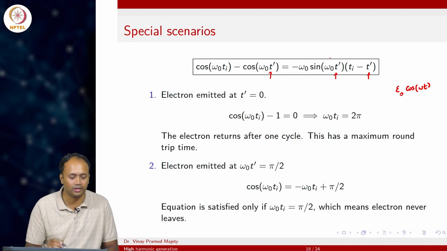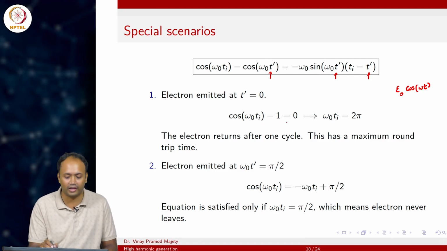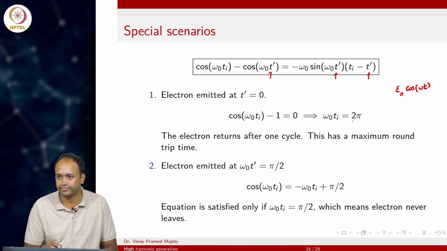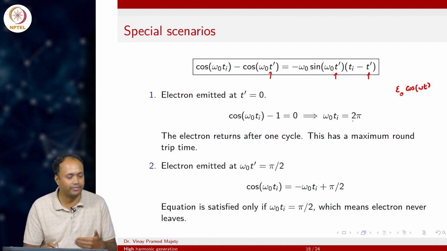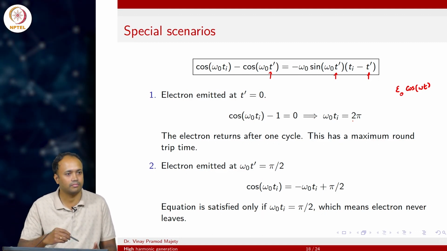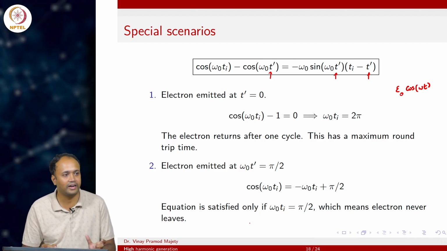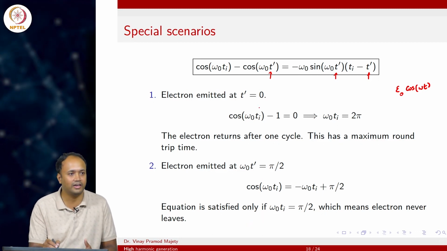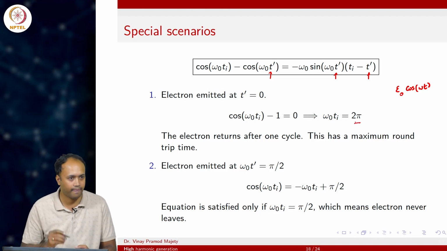So, the right hand side goes to 0 and you get an equation which is cos omega naught ti is 1, and the solution to this is omega naught ti is 2 pi. What does it mean? The recombination time is after 2 pi, which means it undergoes a trajectory for one full cycle of the laser pulse and then it recombines after the time period t naught. It gets emitted at 0 at one peak of the field and it recombines at the next peak with the same sign.